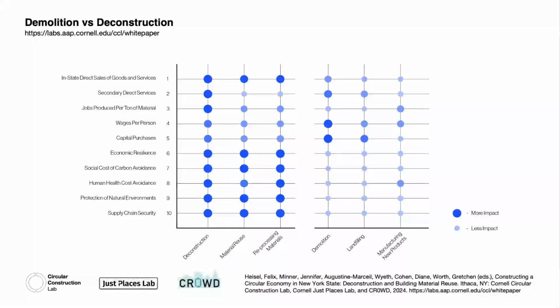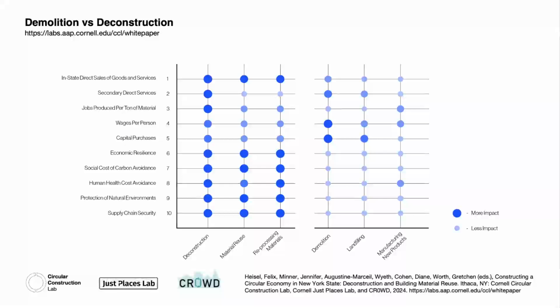CROWD is an acronym for a stakeholder partnership in upstate New York: circularity, reuse, and zero waste development. And so in that partnership, we just published a white paper, which is free for download and hopefully a resource for everyone that's interested in the economic potential of deconstruction and the strategies and policy recommendations that are necessary to reach deconstruction at scale.